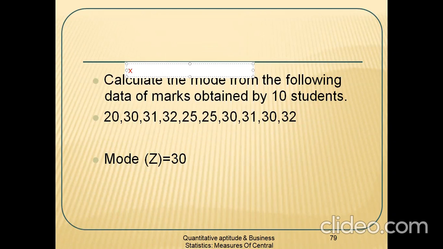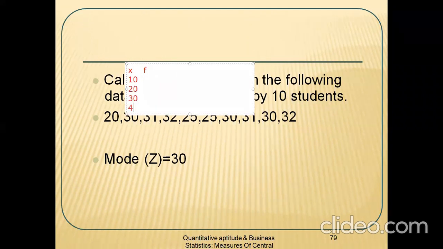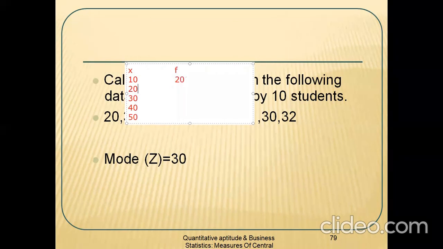So the 2 columns are X and F. The values are 10, 20, 30, 40, 50, and the respective frequencies are 20, 25, 22, 28 and the last frequency is 21. Now, which is the mode?